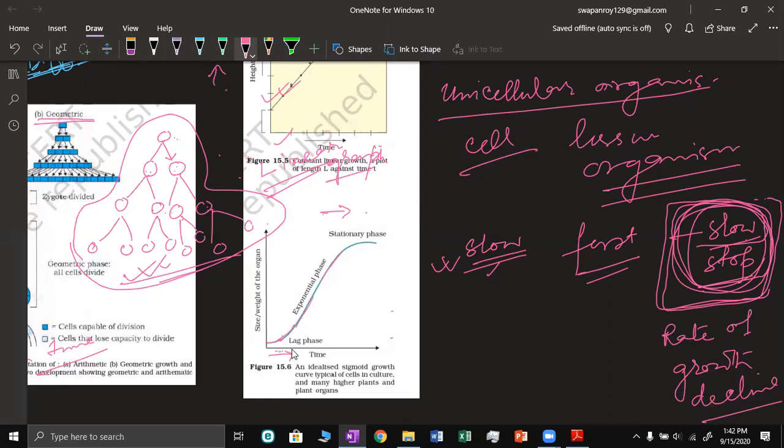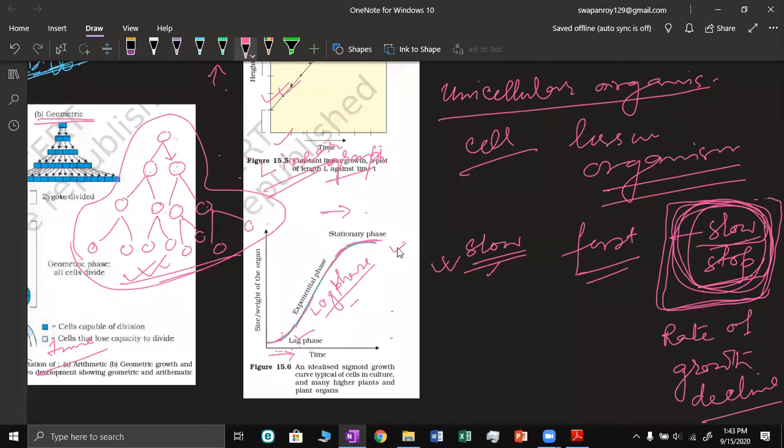So in a little time it is increasing very fast, but after that a time comes when the rate of growth slows down and then becomes stationary. So these are the phases. This is called the lag phase, and this one the exponential phase, also known as the log phase. Okay, log phase, and then it is stationary.